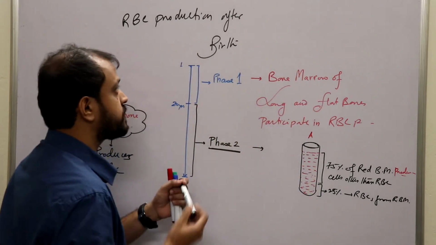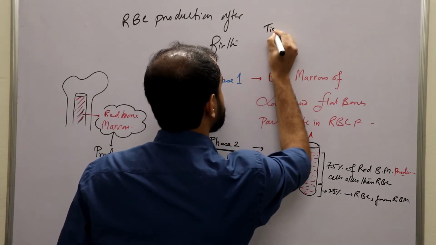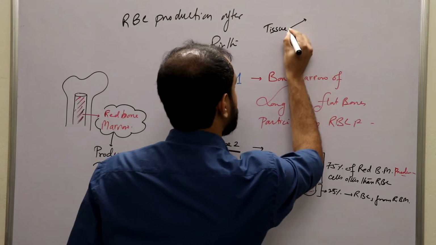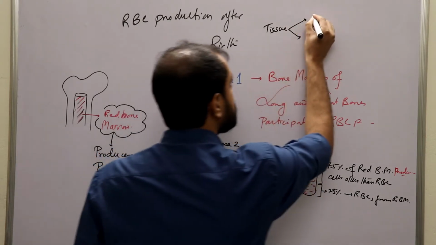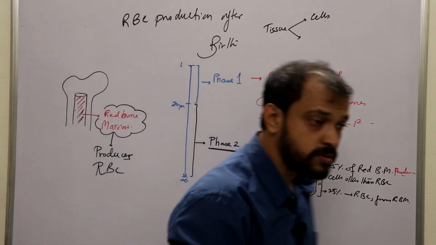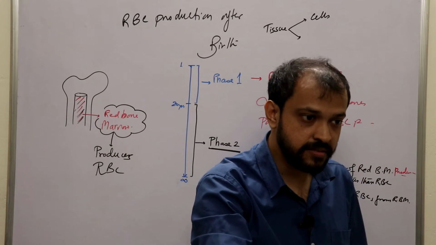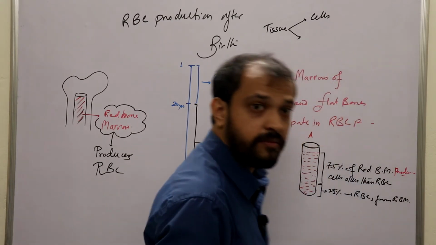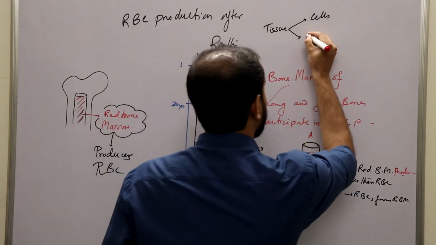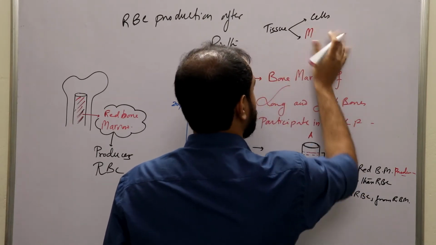Now listen, tissue is made up of two things: cells, and to support these cells we have the matrix.